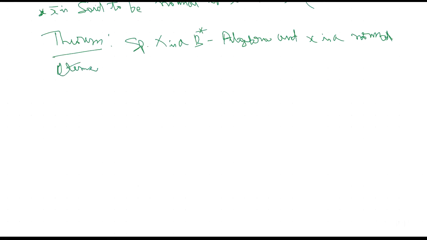Suppose X is a B star algebra and x is a normal element of X.